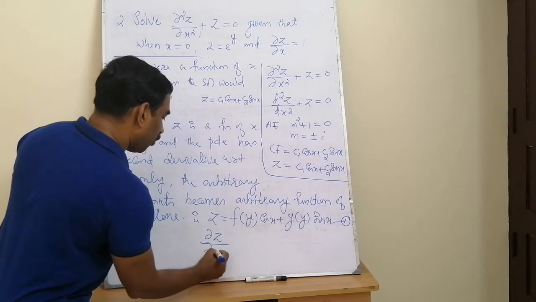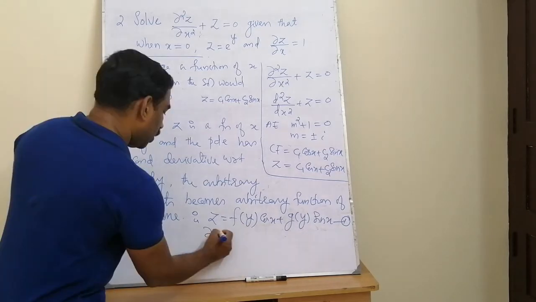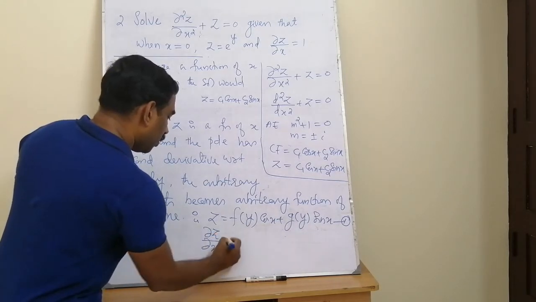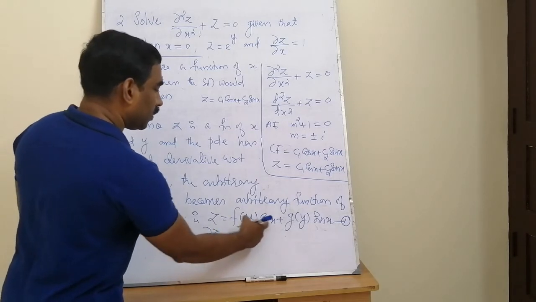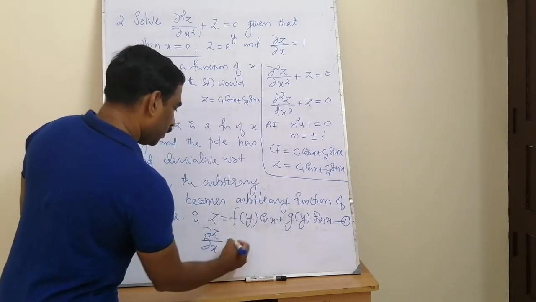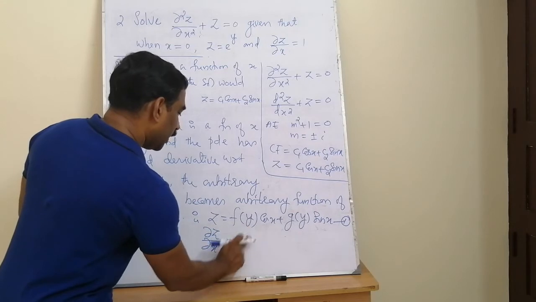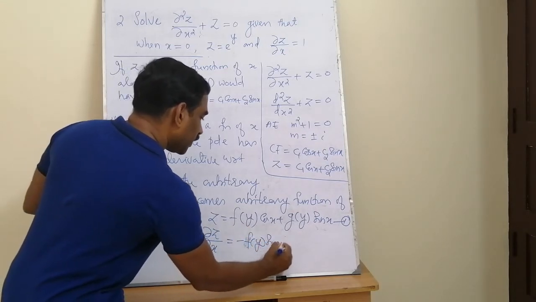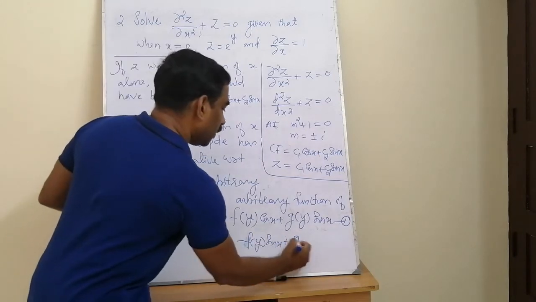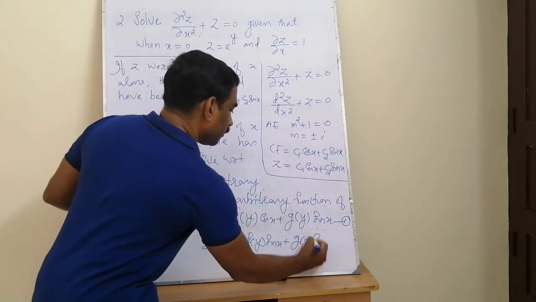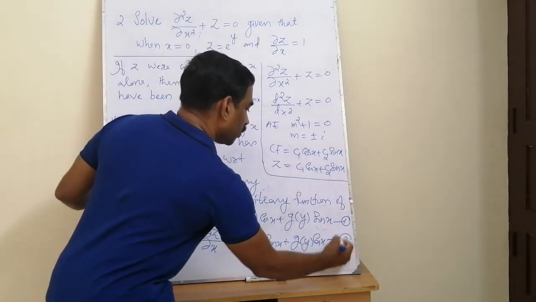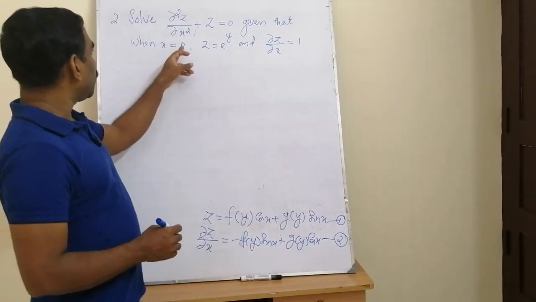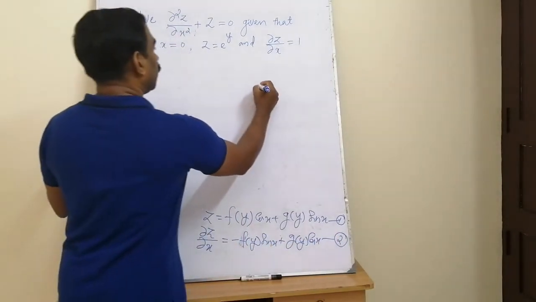So we require one more equation, dou z by dou x equal to, f of y is constant, and the derivative of cos x is minus sin x, so minus f of y sin x plus g of y cos x. This is equation number 2.